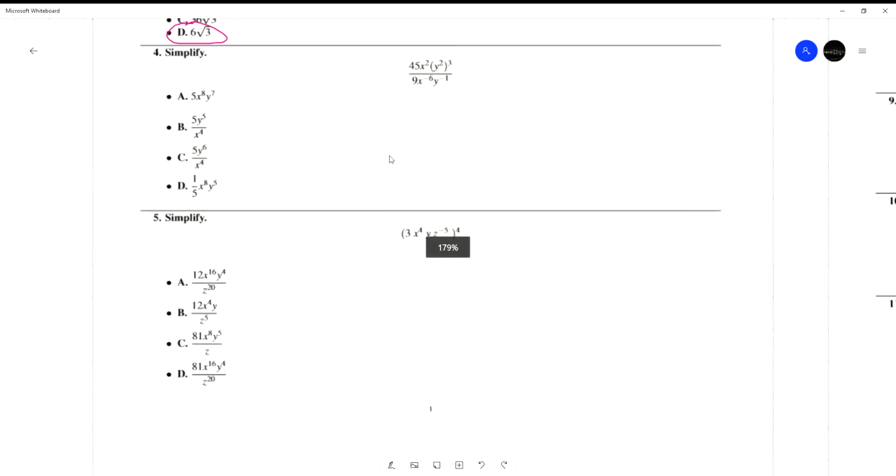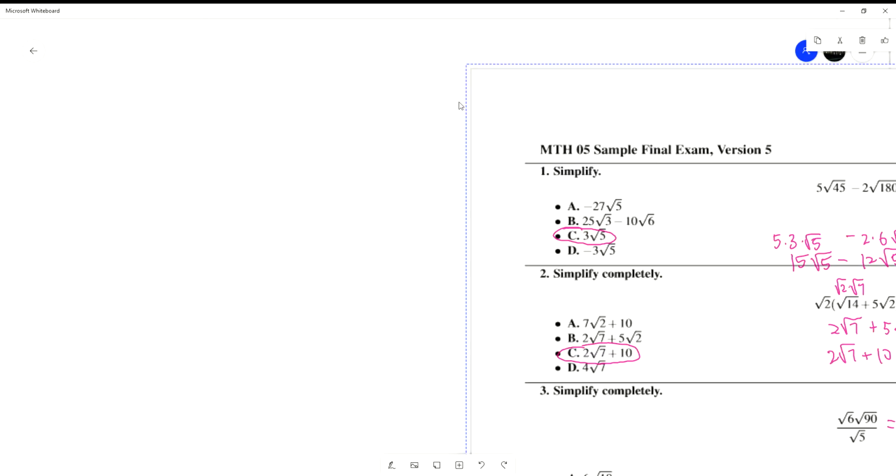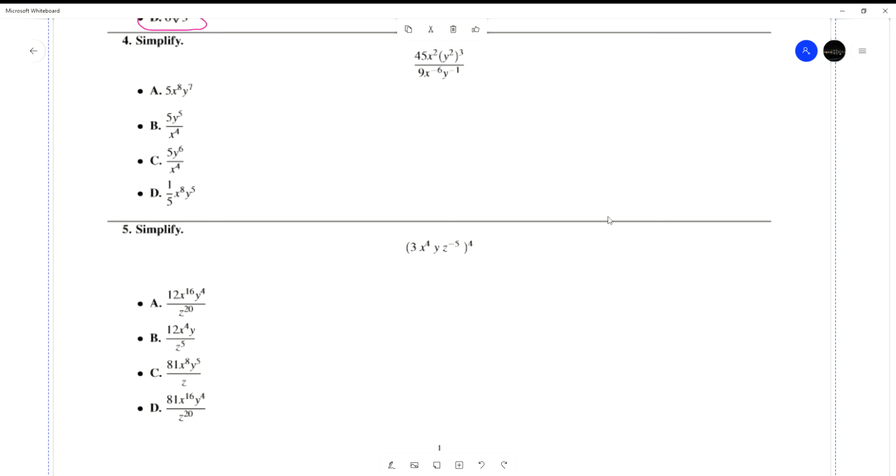Moving on. We got the laws of exponents next. We got a fraction in the numerator. I see a pair of parentheses there. But what I'm ultimately going to do is just work vertically here with the same exponents.